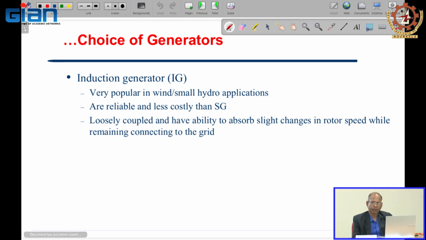Even in small mini micro hydro, induction generators are popular, and of course they are less costly as well. They are loosely coupled and have the ability to absorb slight changes in the rotor speed while remaining connected to the grid.